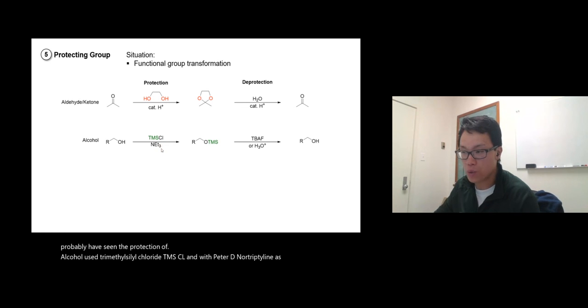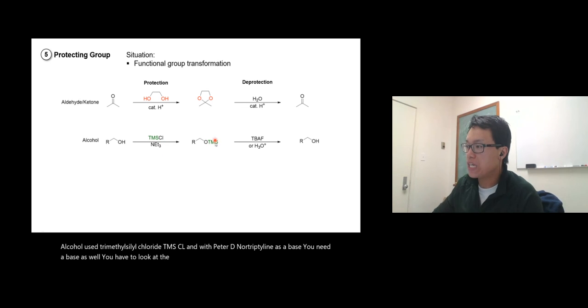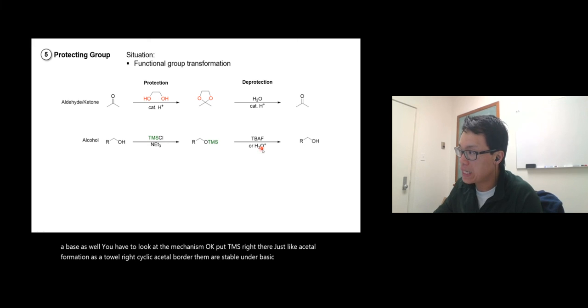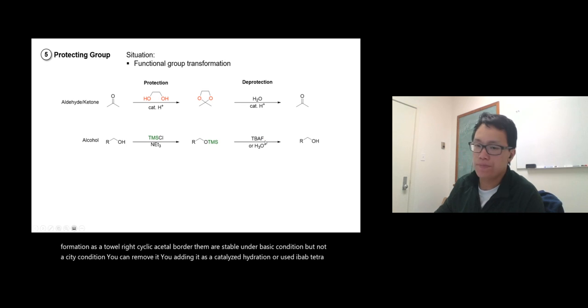You need a base as well. Put TMS right there, just like acetal formation. Both are stable under basic condition, but not acidic condition. You can remove it with acid-catalyzed hydrolysis, or use TBAF, tetrabutylammonium fluoride.